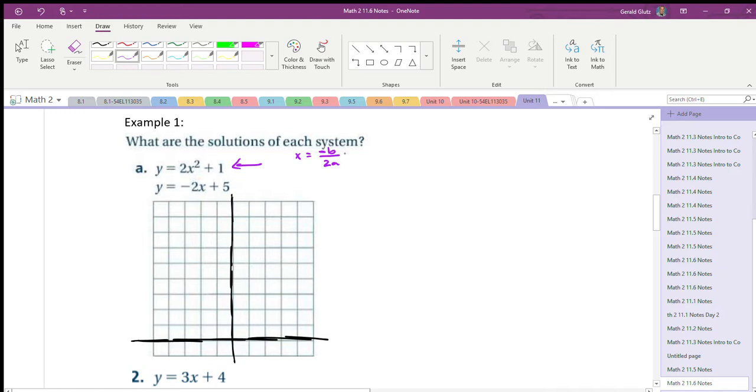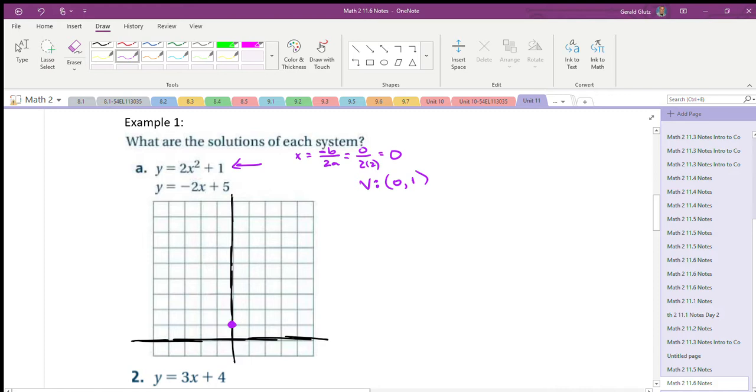So that means b has to be 0. A is 2, but that doesn't really matter because 0 divided by anything is 0. So in the vertex, we know that x is 0. To figure out the y value, I plug in 0 for x. So 0 squared is 0, 2 times 0 is 0, 0 plus 1 is 1. So our vertex is at 0, 1.